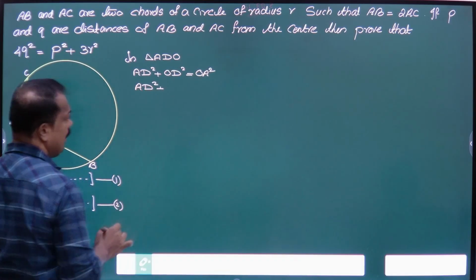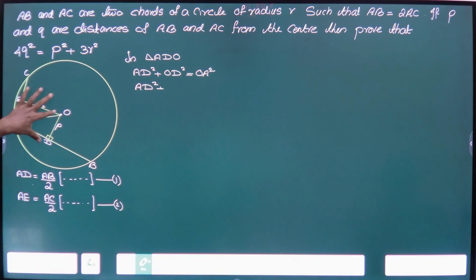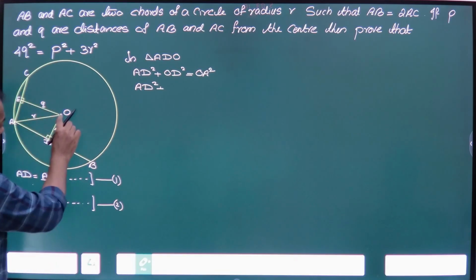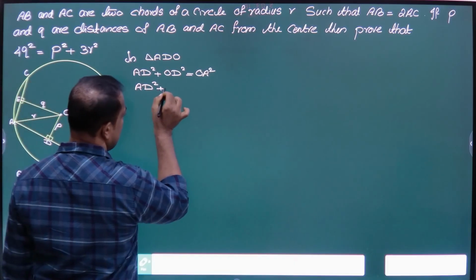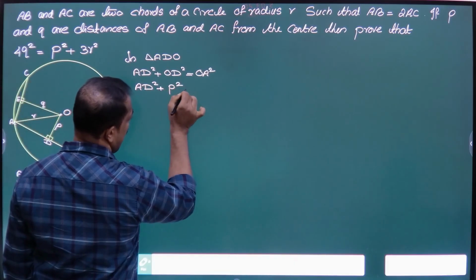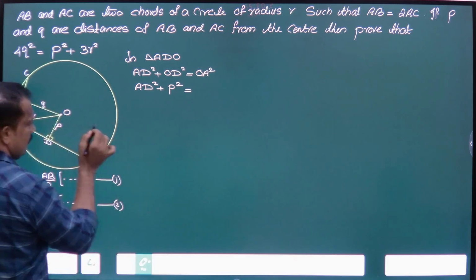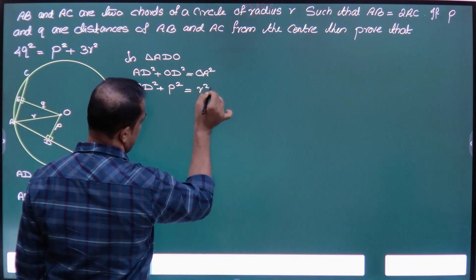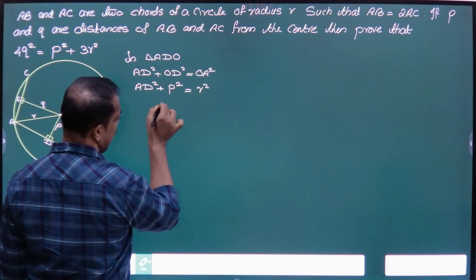What is the value of OD from the figure? P, so P square. What is the value of OA? R square.